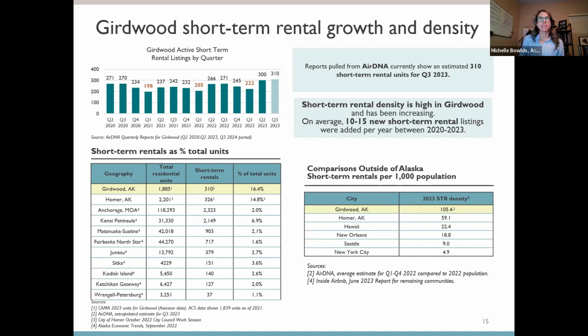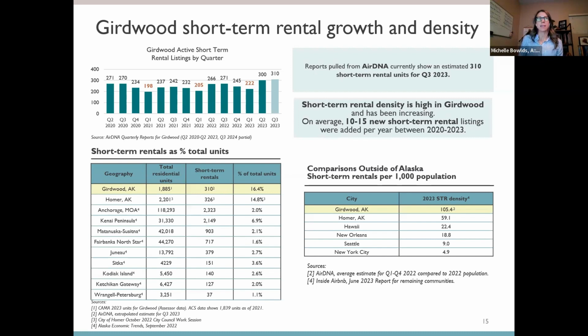Some of the key trends that we identified are that there is growth in the number of unique listings of short-term rentals in Girdwood. And we're seeing on average 10 to 15 new short-term rentals being added in Girdwood each year. We also looked at short-term rental density, which is measured primarily in 2 different ways.